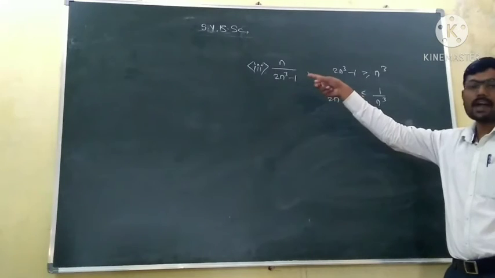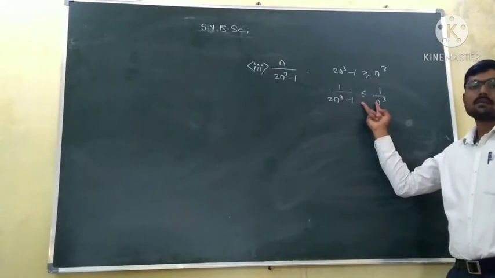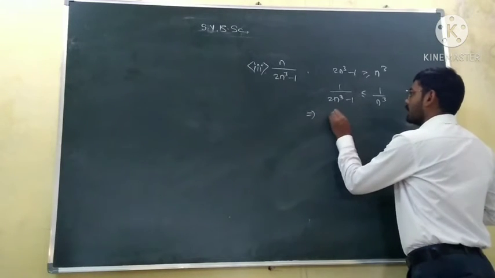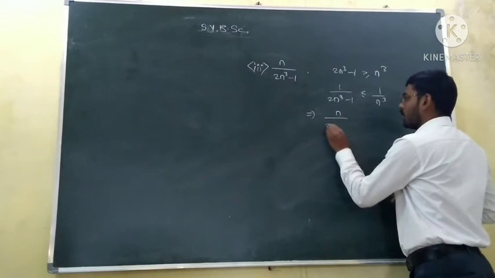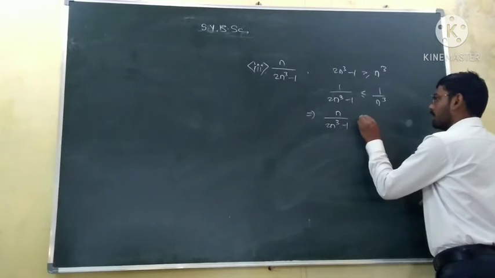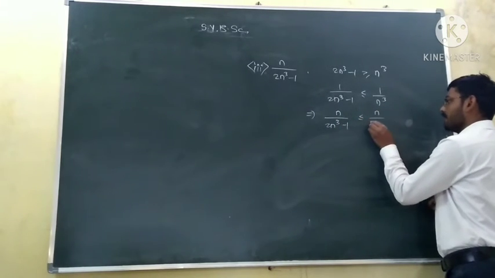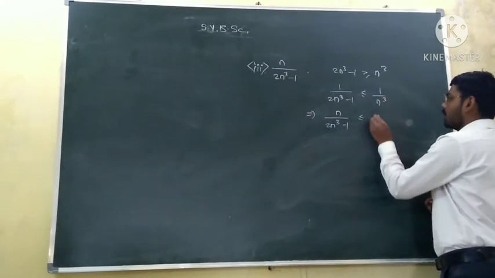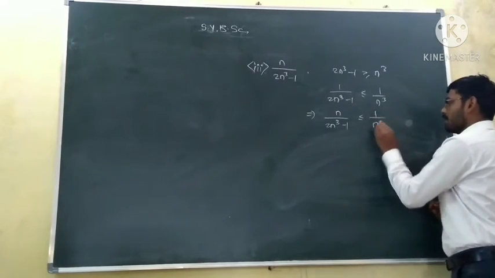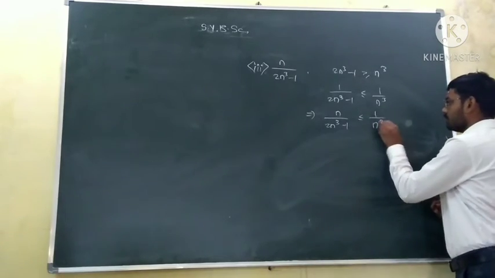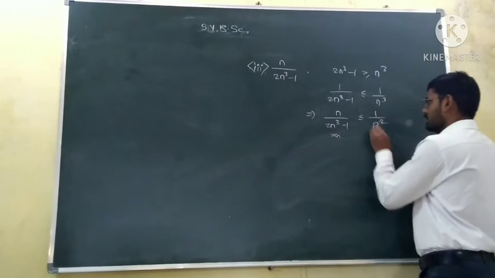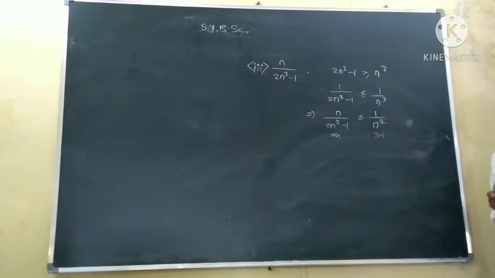So for this adjustment, we multiply both sides by n. So n upon 2n cube minus 1 is less than or equal to n upon n cube. But n upon n cube is nothing but 1 by n square, as one n gets cancelled. So now this is our xn, this is yn.